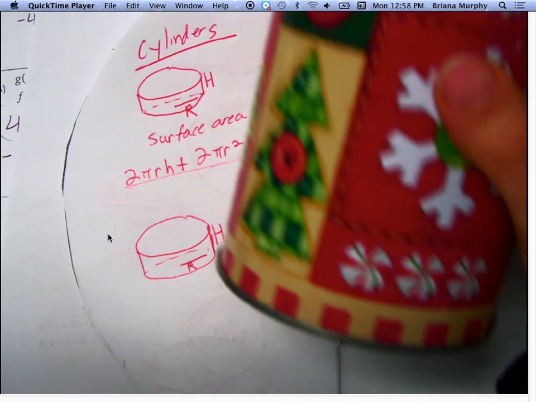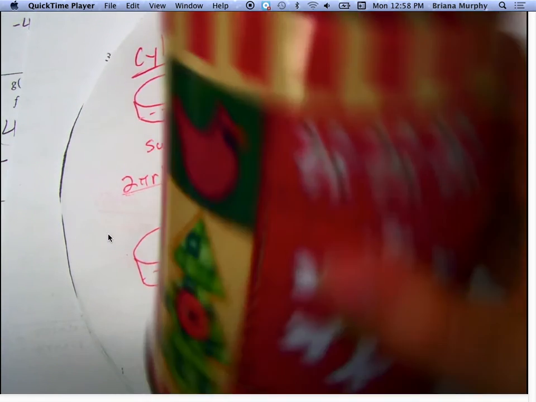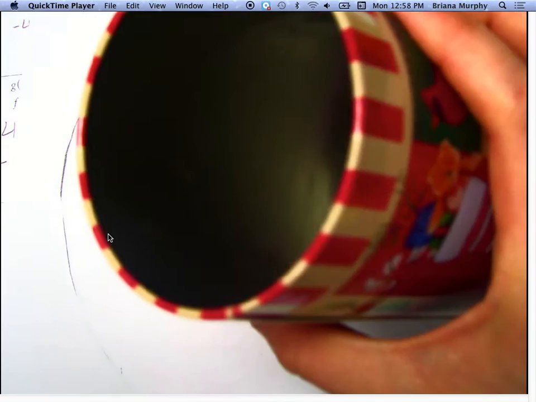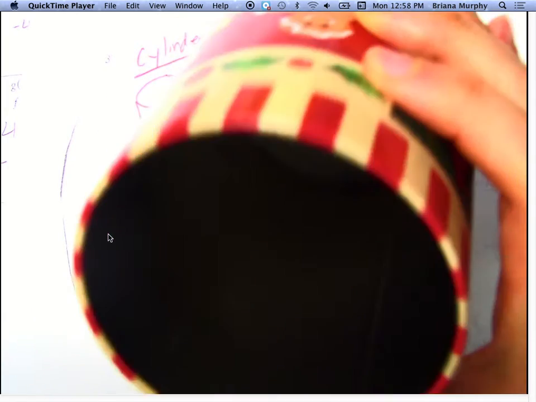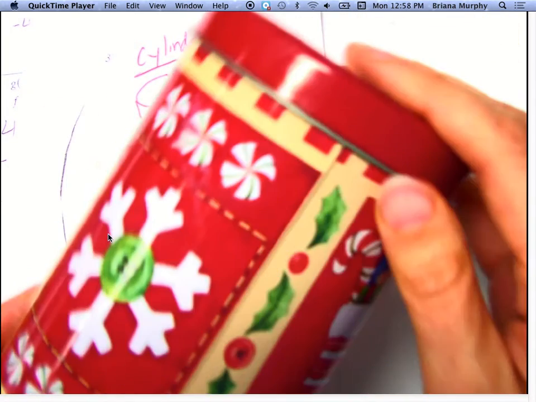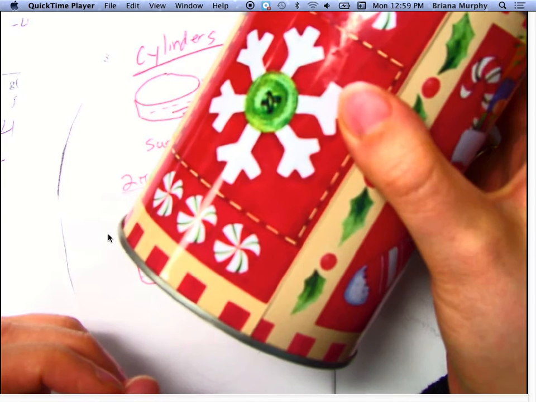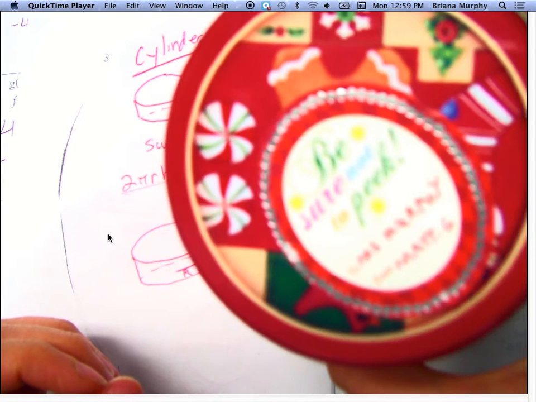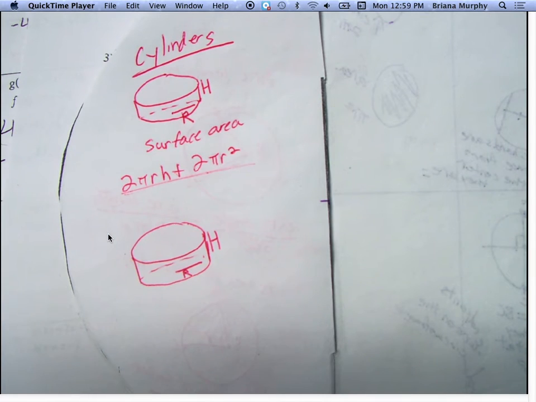Okay, so I like to kind of use this as an example. So here's my cylinder. If I want to find the volume, how much I can fit inside this, how am I going to do that? How am I going to figure out volume? What do you think you're going to need to know? How tall it is.